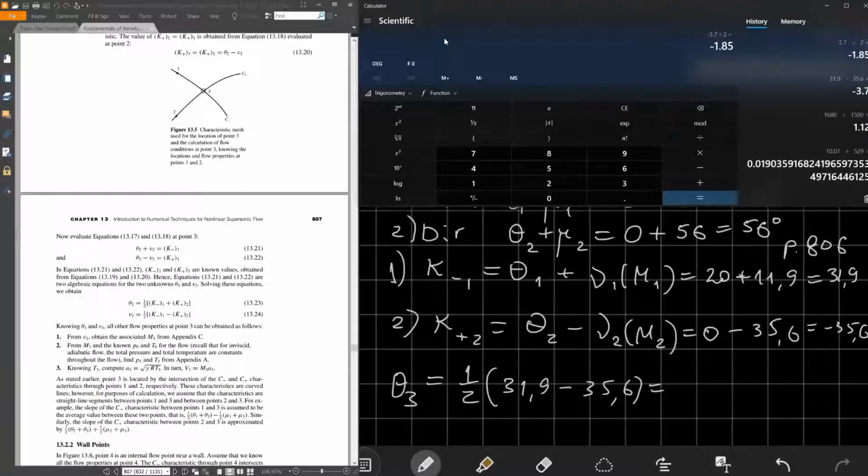Okay, we'll put 2 degrees here, and it's negative, minus 2 degrees.